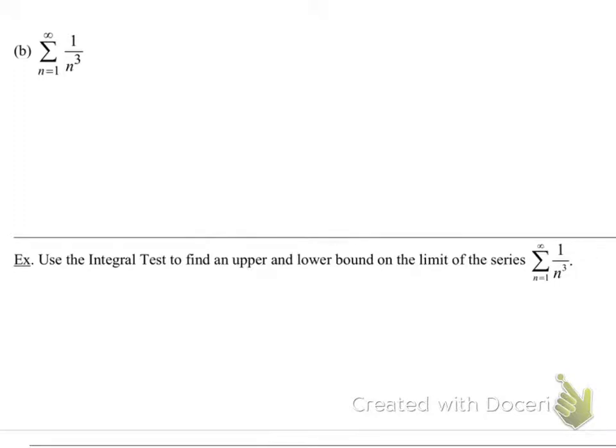As luck would have it, we can use the integral test to determine the upper and the lower bounds of a series. So we can say that our particular series is somewhere between the original integral and the integral plus 1.